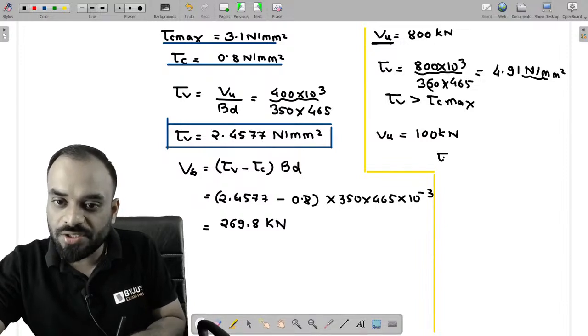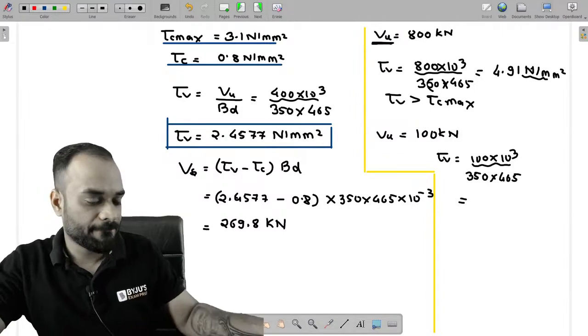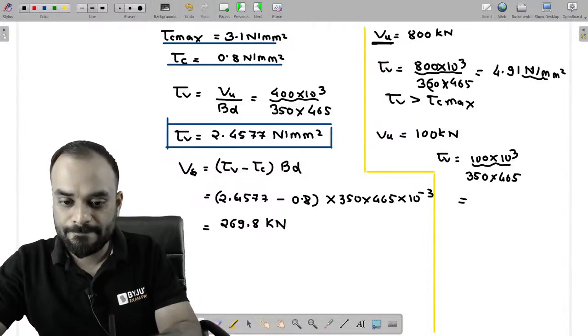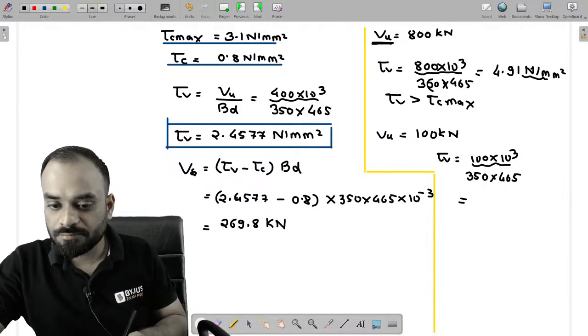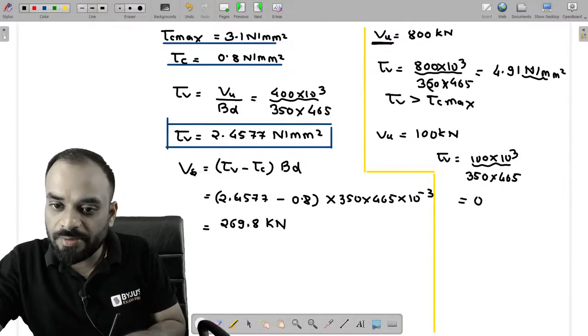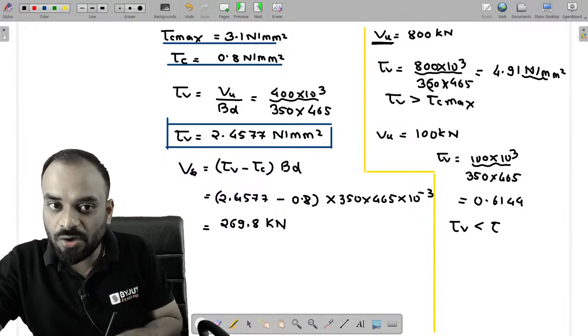Now let's calculate the tau v value. 100 into 10 raised to power 3 divided by 350 into 465. So guys, this value is coming around 0.6144.